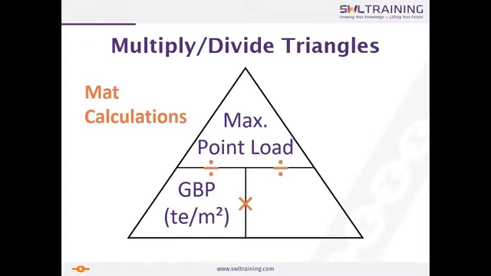When you divide the maximum point load by the ground bearing pressure, you'll then get the minimum mat area required in square metres. Or the other way, maximum point load divided by mat area equals then the resulting ground bearing pressure. You'll get more information on this when you attend your course or in the online training platform.